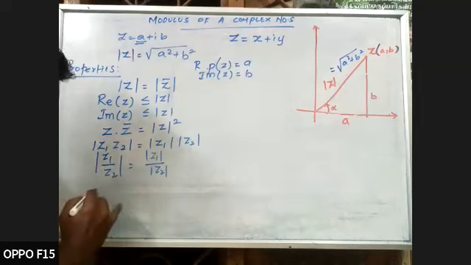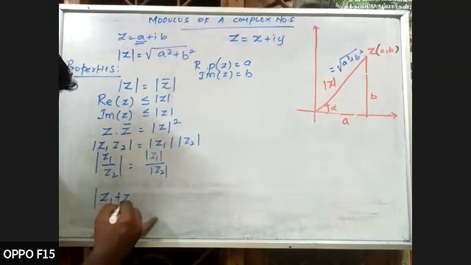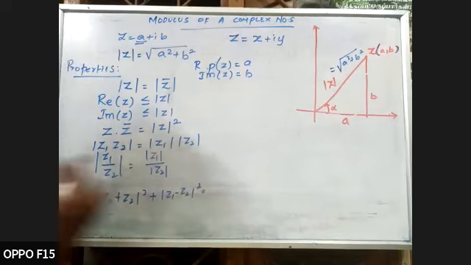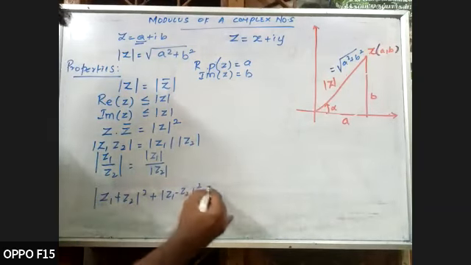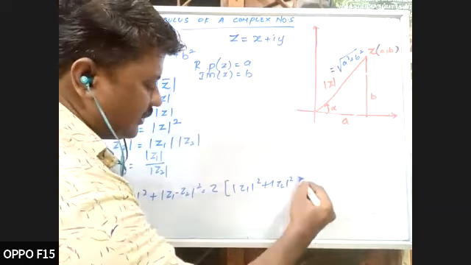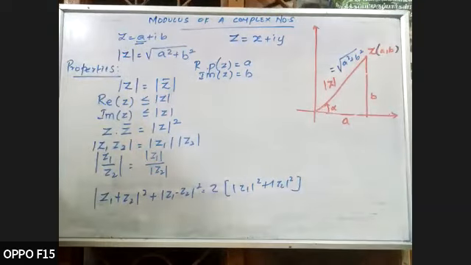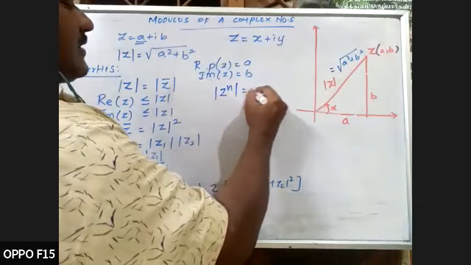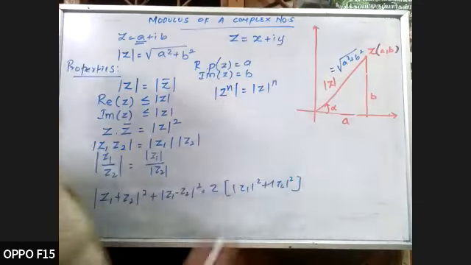The next one, modulus of z1 plus z2 the whole square plus modulus of z1 minus z2 the whole square, which is equal to 2 times modulus of z1 square plus modulus of z2 square. In the same way, if we proceed, modulus of z power n is equal to modulus of z whole power n.